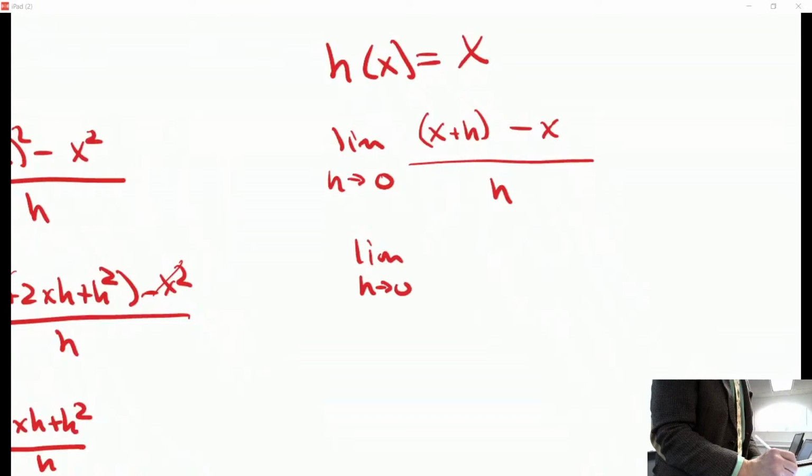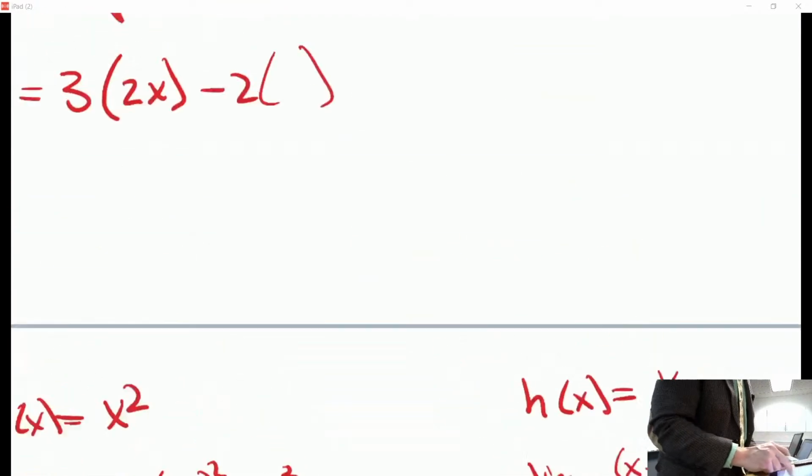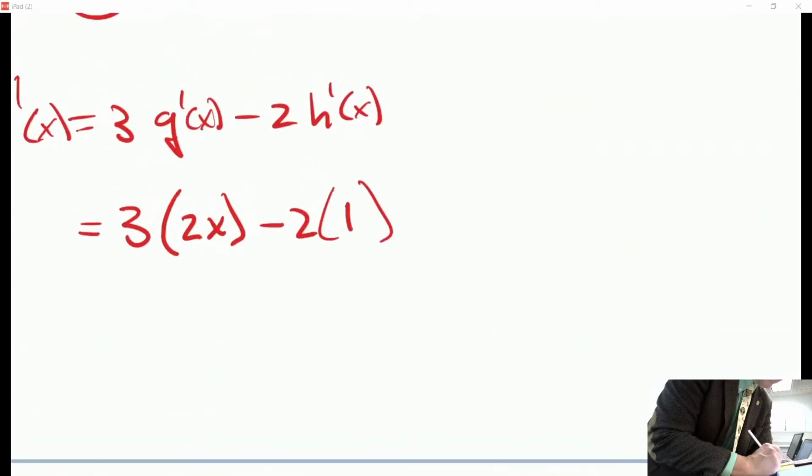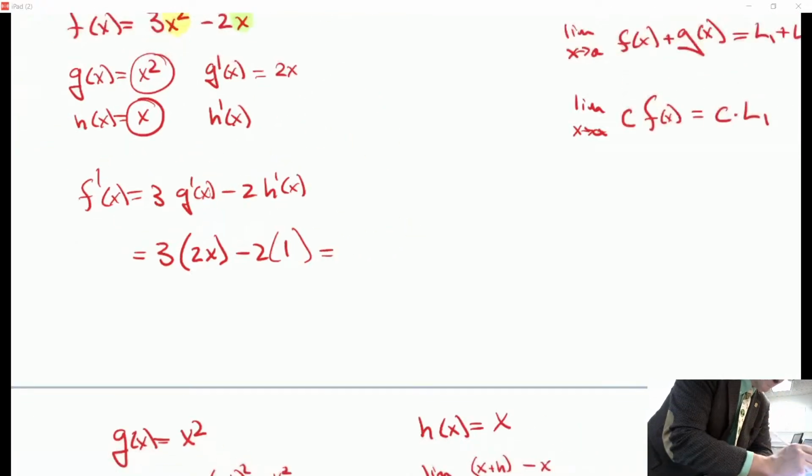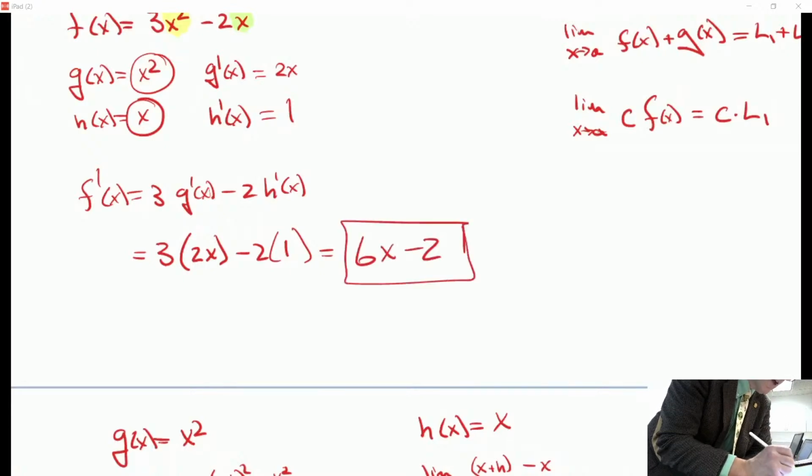Limit as h approaches 0 of h over h, which is just 1. We're coming back to this. Don't worry. That's going to be 1 right there. And check it out. If I've somehow memorized this, which you're going to have memorized by the end of class, you can easily come up with derivatives like that, just using these rules.